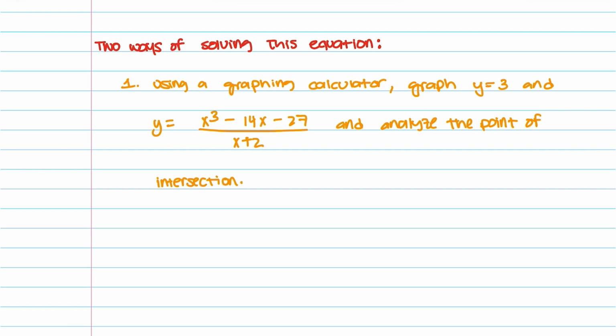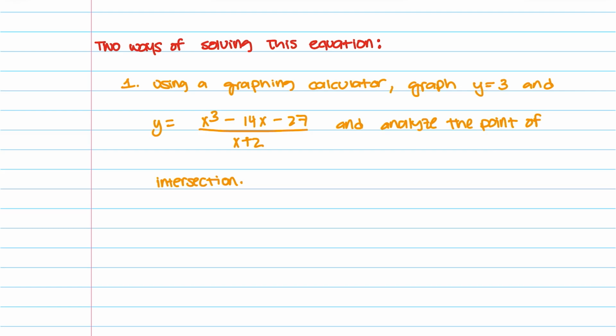Now, if you guys have access to those TI-84s or those TI-89s or even the TI-Inspires, those calculators will help you perform this function of being able to analyze the points of intersection. If not, you can always jump onto Desmos and plot these functions out, and it'll work out in the same way.